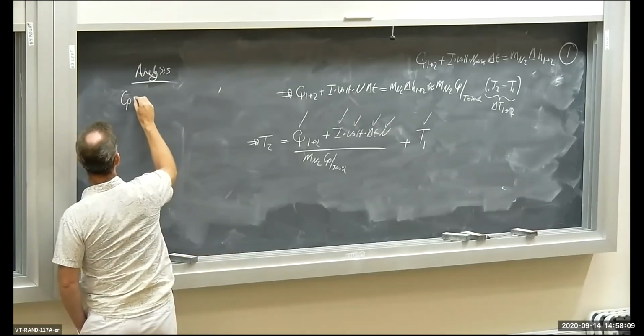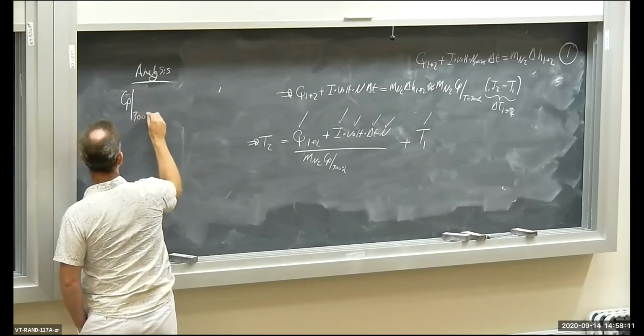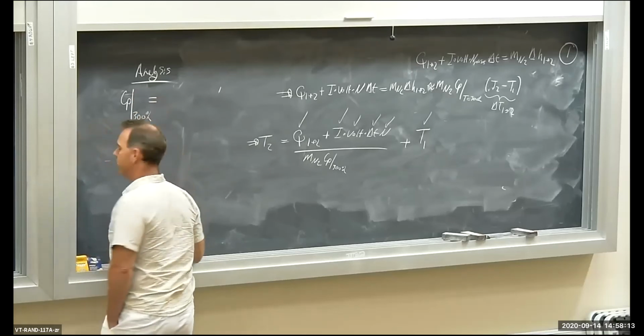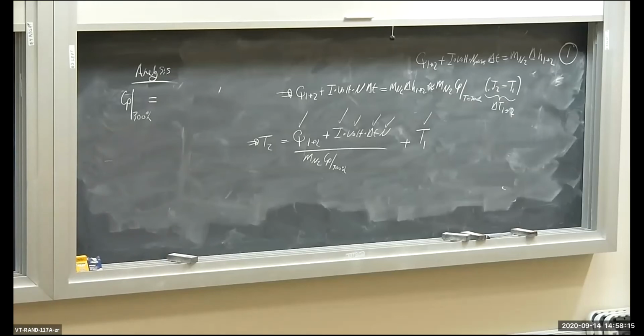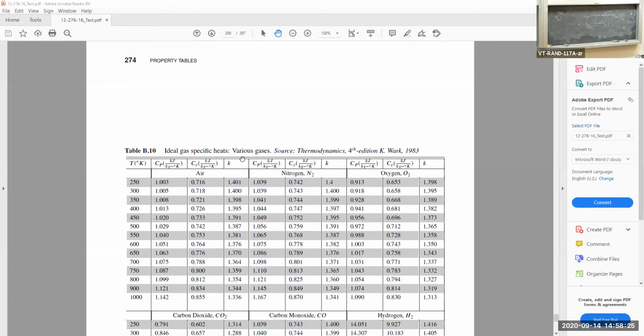Cp for N2, nitrogen, evaluated at 300 degrees Kelvin. Let's go to our property tables, specific heat, ideal gas specific heats, various gases. Air, nitrogen.